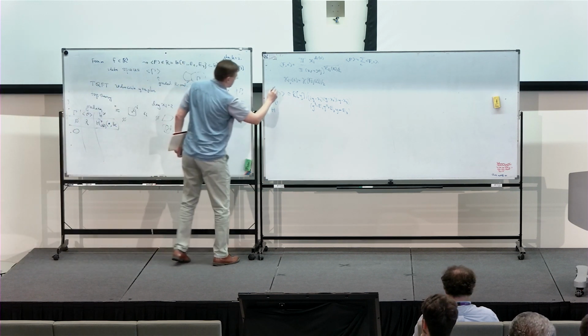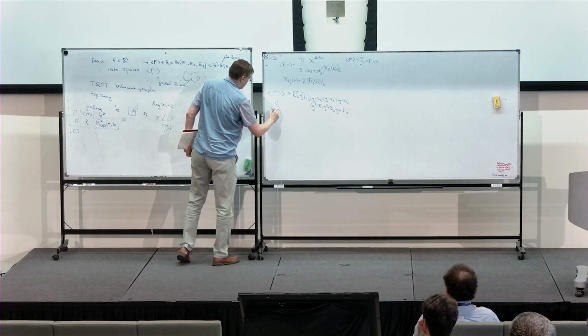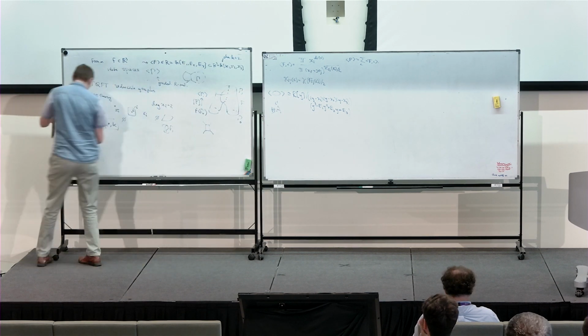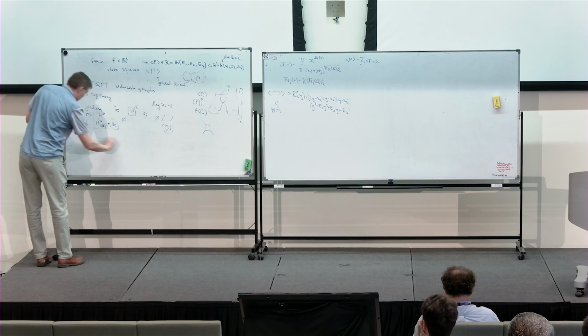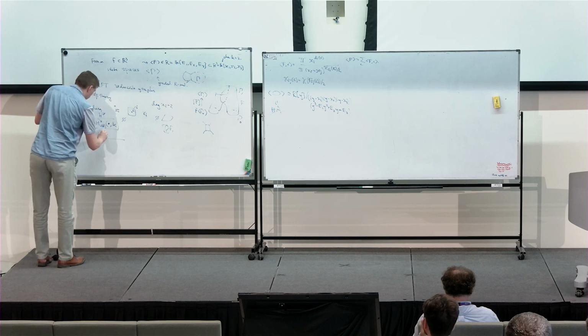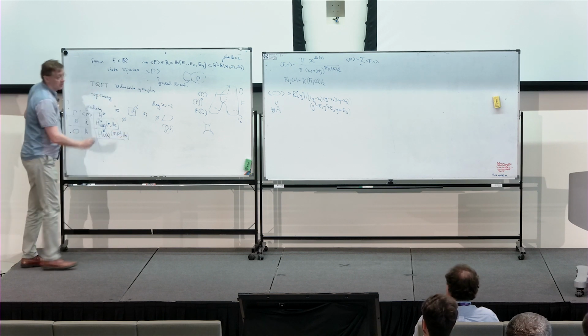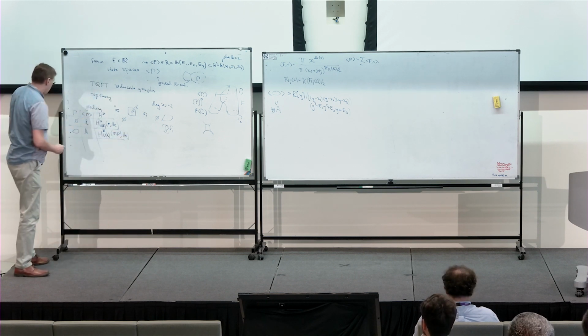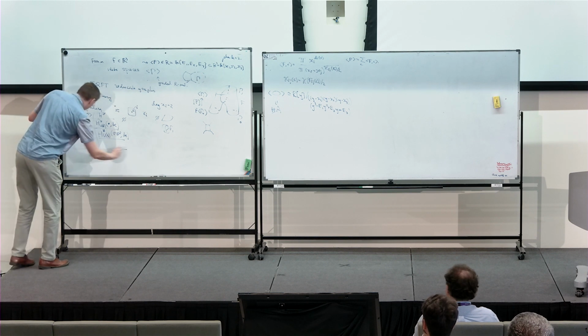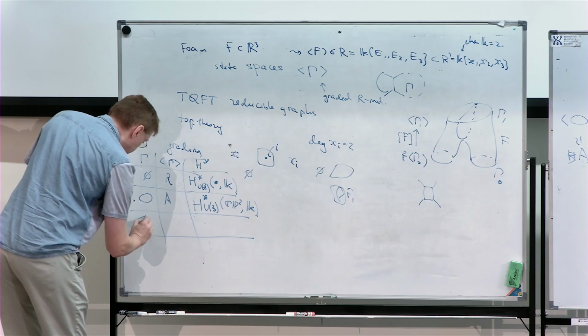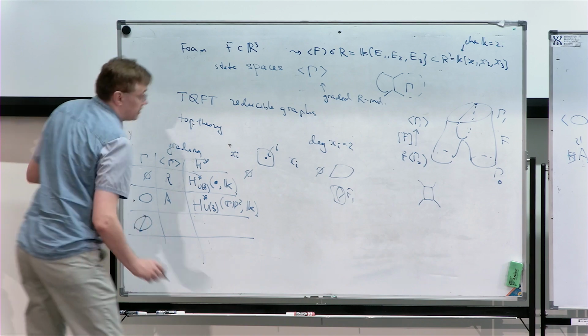Let me call this algebra A. And we can identify it with the U3-equivariant homology of CP2 with coefficients in K, and it's that ring. And if you look at the next graph in complexity, the theta graph, we call it theta graph.